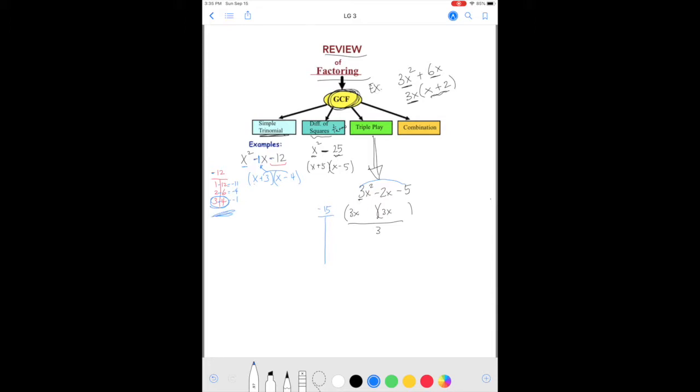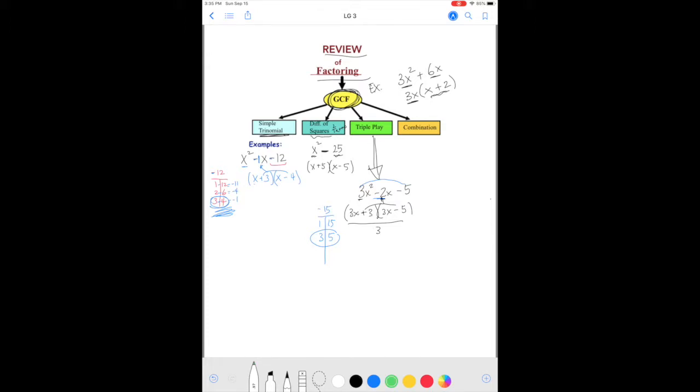And we do the same t-chart we did over here. So we got 1 and 15 and 3 and 5. And we're trying to get a negative 2. Well, those get me the negative 2. So a 3 and a 5. And I want a negative 2, so a negative and a positive, because those two get me that negative 2.